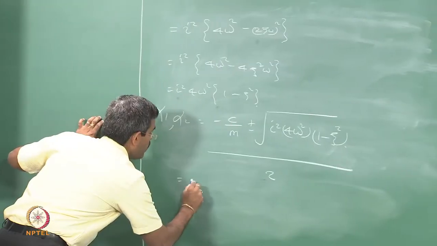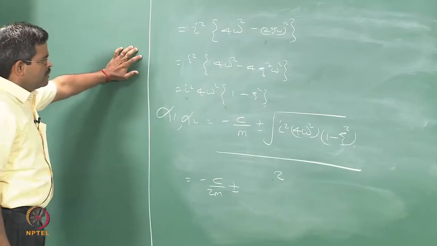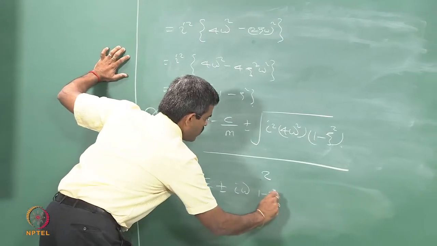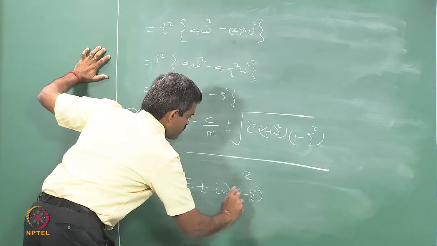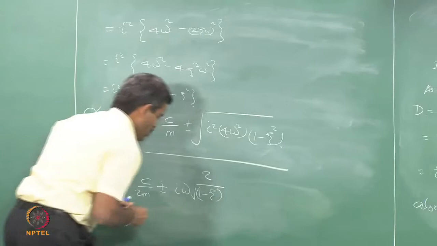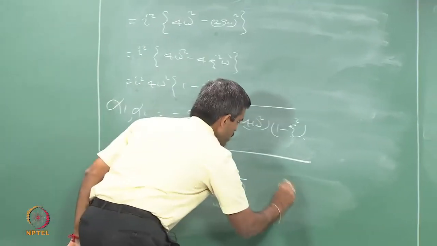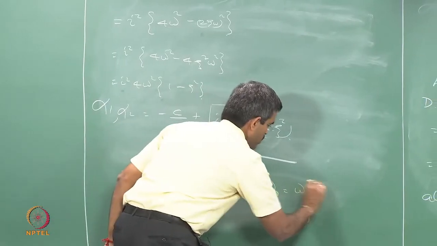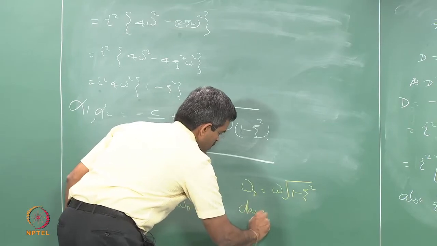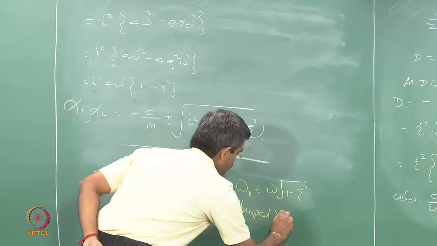So, this will give me now minus C by 2m plus or minus i omega square root of (1 minus zeta square). I call this term omega d, where omega d is omega times square root of (1 minus zeta square), called the damped vibration frequency.